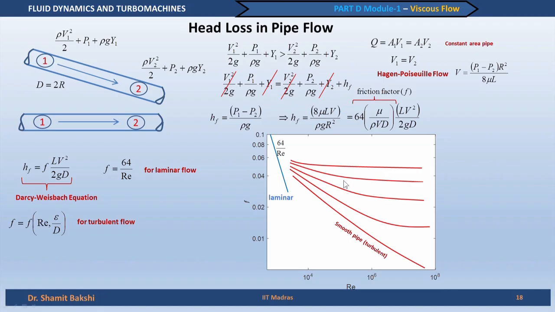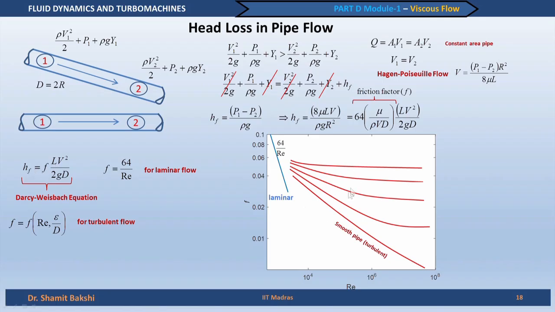In this case, if the friction factor almost remains constant with Reynolds number, you can see in the Darcy-Weisbach equation, if f is constant, it means the head loss is proportional to v square. In case of the laminar flow, head loss was proportional to velocity, now it is proportional to v square.